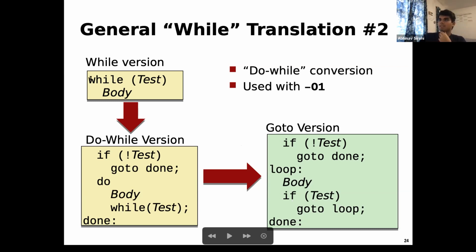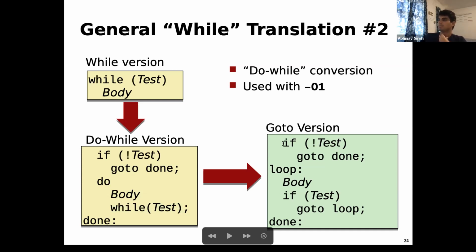So we take our while loop, which just runs a test, executes the body. And instead of that, we initially have an if condition where if the test condition is not met, it goes straight to done and the code ends, which is exactly what would happen in a while loop. And then other than that, it just does the body while the test condition is met.